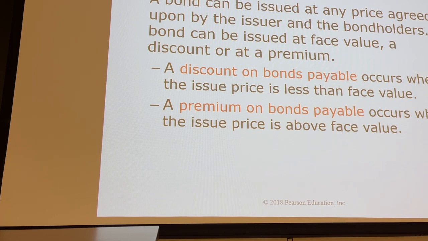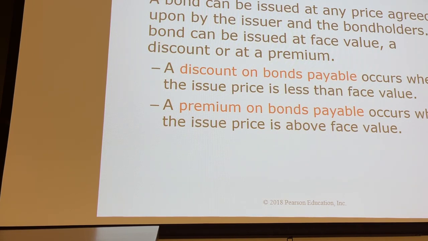Now, bonds can be issued at any price. If they're issued at the face value, it's typically $1,000. But sometimes they're issued for more or less than the face value.